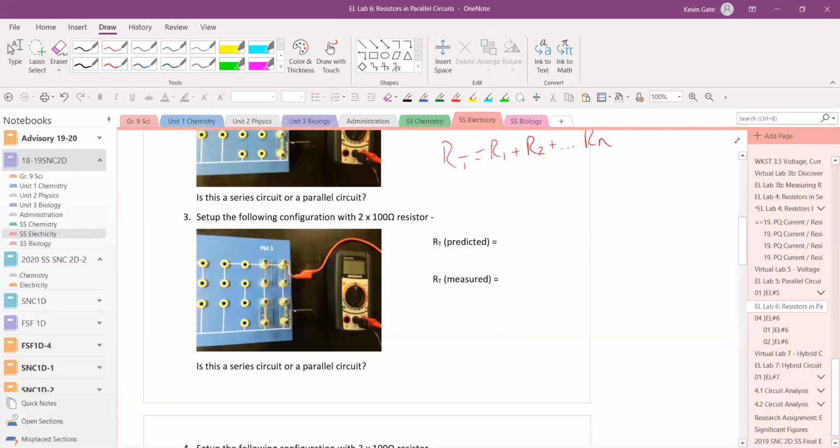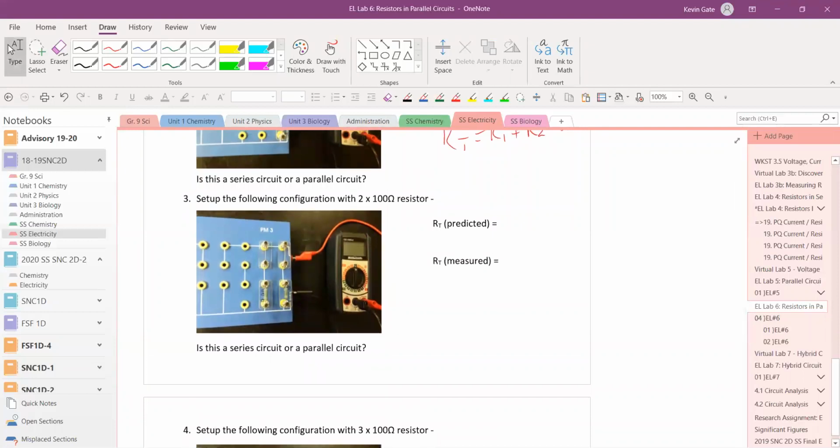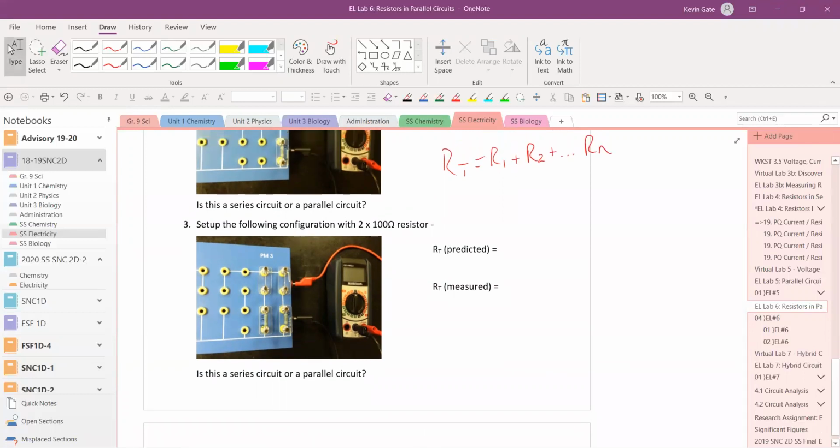Okay, set up the following configuration with two 100 ohm resistors. If we have two 100 ohm resistors, as we saw in a series circuit, we might anticipate that the total resistance is 200 ohms.